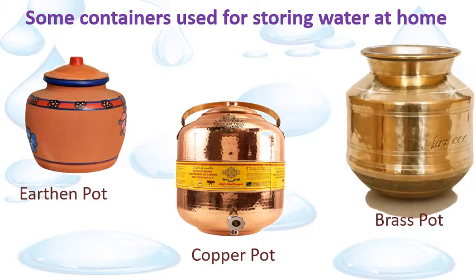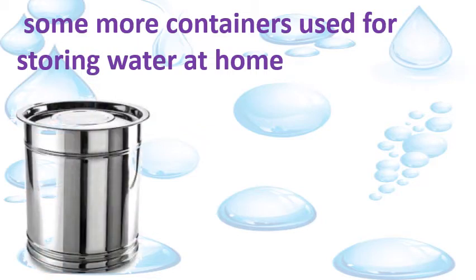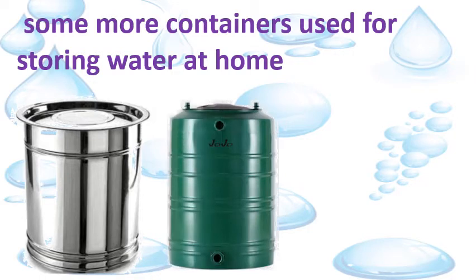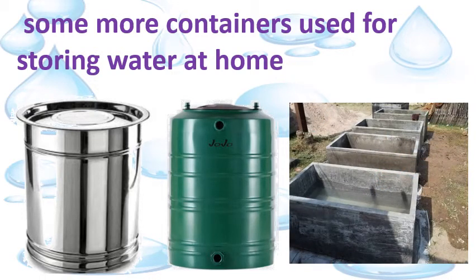Yes, dear students, here we can see some more containers used for storing water at home. See, this is a steel drum, this is a plastic drum, and people also built tanks in their houses to store water in rural areas.